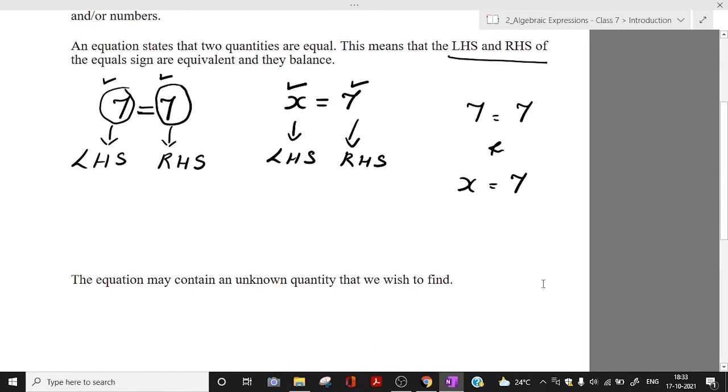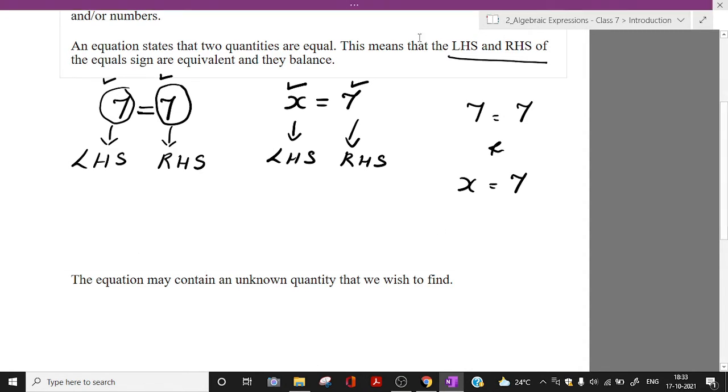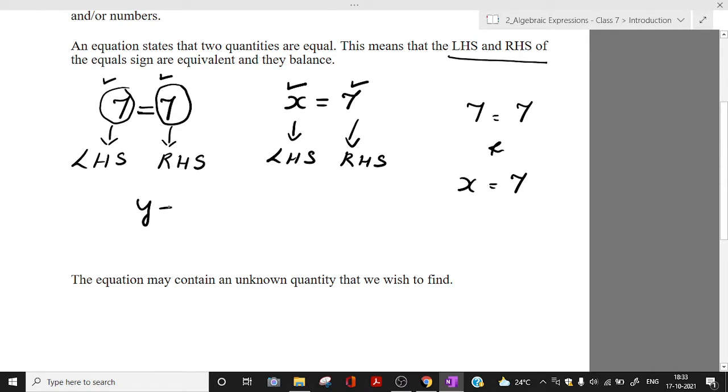We can go ahead. The equation may contain an unknown quantity that we wish to find. Now x is a variable over here. Suppose I write y plus 3 is equal to 5. In this case also we have an equation, and here the left hand side of the equation is made up of two terms.